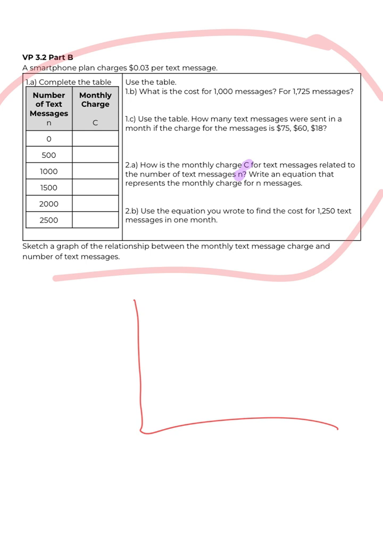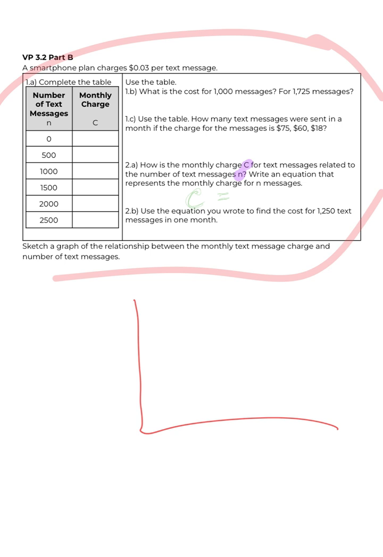Write an equation that represents the monthly charges. So how is the cost related? Which means that the cost is what it's going to equal. So C equals what? That should be the only thing on that side. And then use the equation you wrote to find the cost of 1,250 text messages.